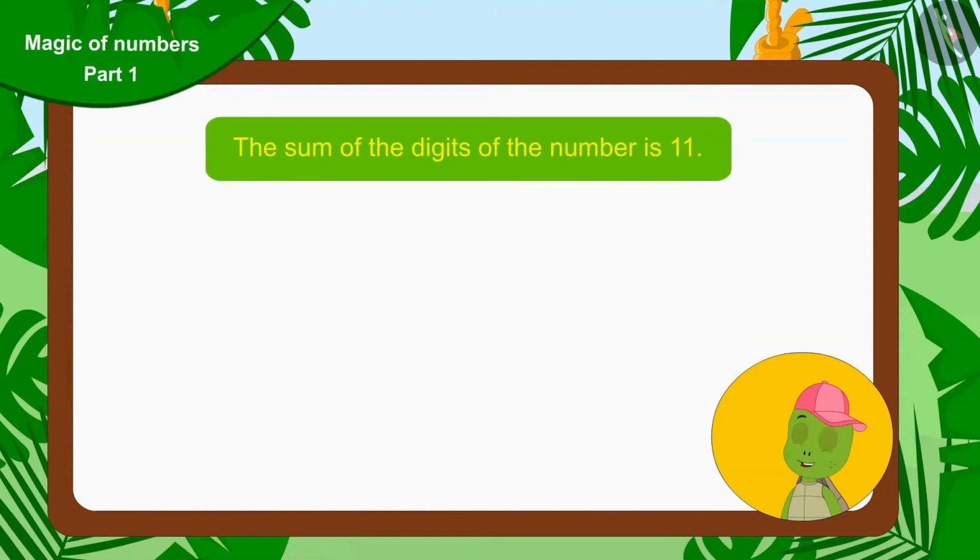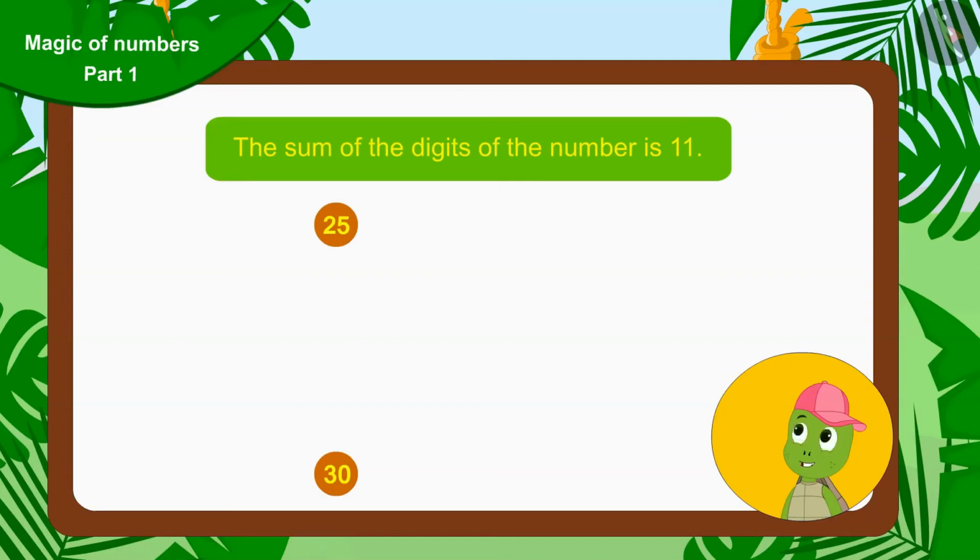Let me first write the numbers between 25 and 30. Then I only have to find that number whose sum of the digits is 11.